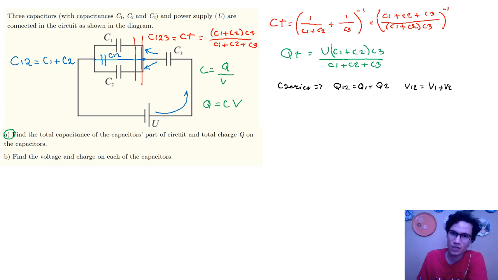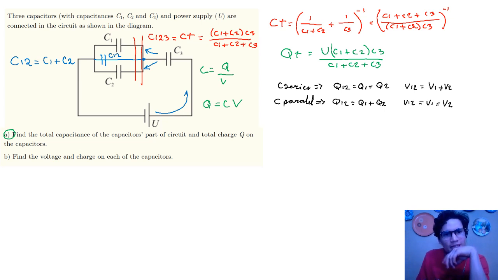If capacitors are in parallel, then the opposite will happen. The charge 1,2 will be equal to the charge 1 plus the charge 2, and the voltage 1,2 will be equal to the voltage 1 and the voltage 2.